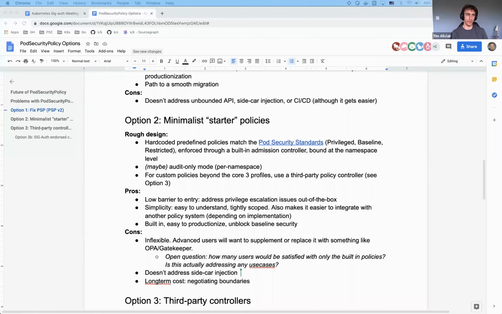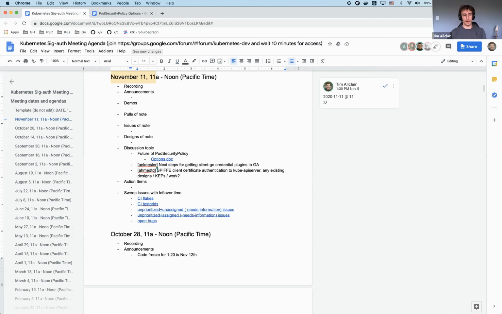Okay, so I'm going to make an executive decision that next sig-auth is canceled. We'll reconvene in 4 weeks to discuss next steps for the ClientGo credential plugins and SPIFFE client certificate authentication, and also to pick up the pod security policy discussion.